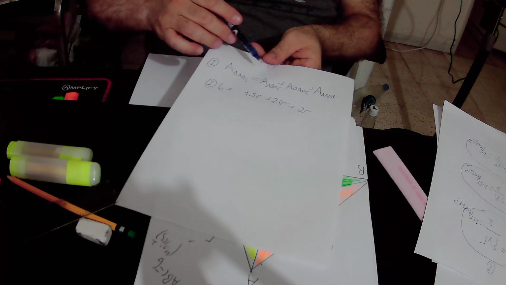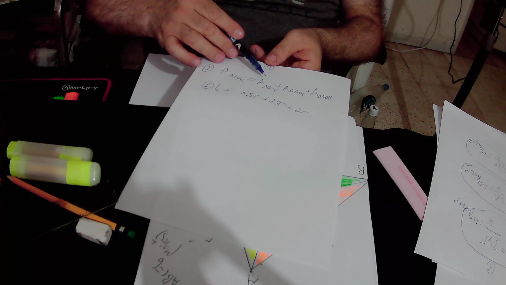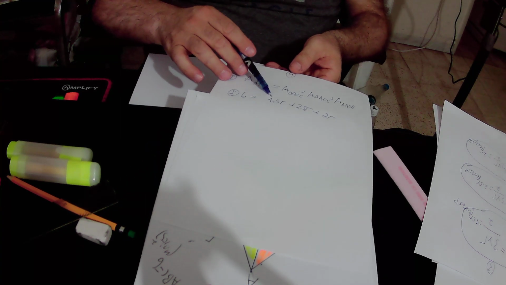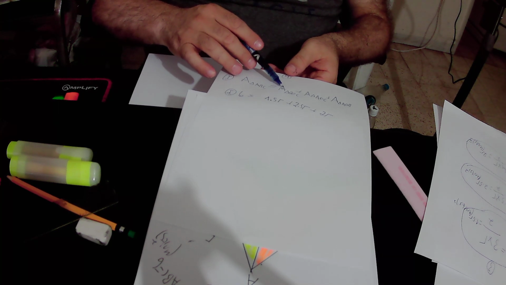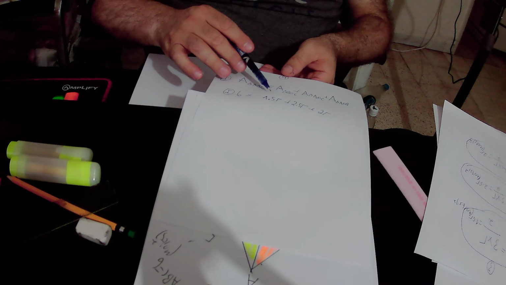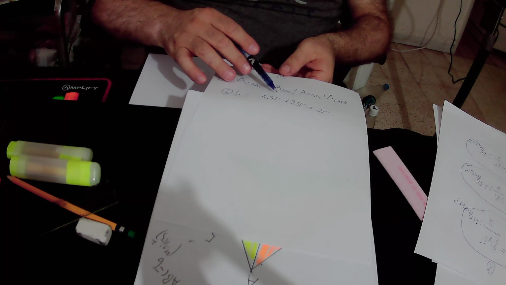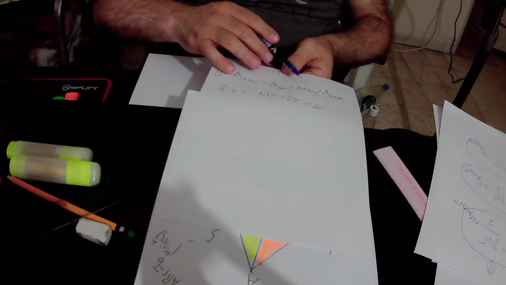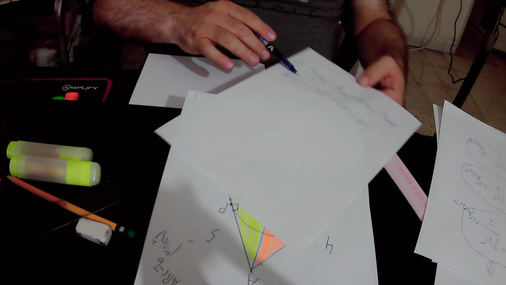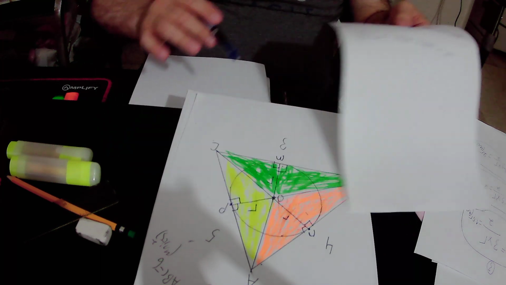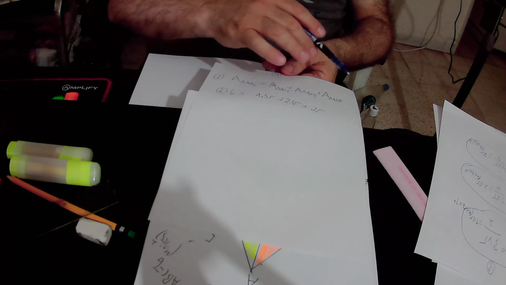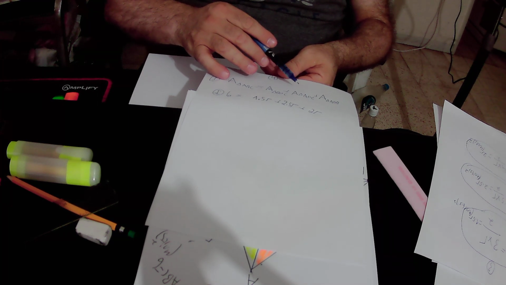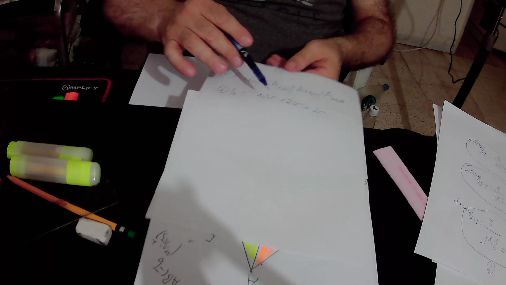So we can substitute the area of triangle BOC by 1.5 r. And we can substitute the area of the yellow triangle, triangle AOC, by 2.5 r, because the area of the yellow triangle AOC equals 2.5 r.